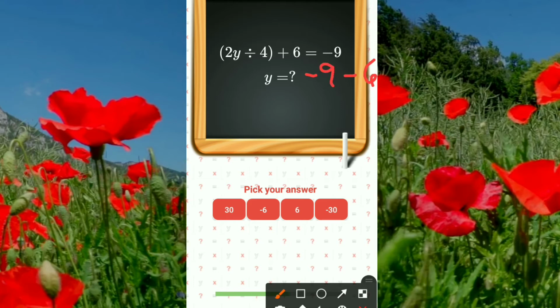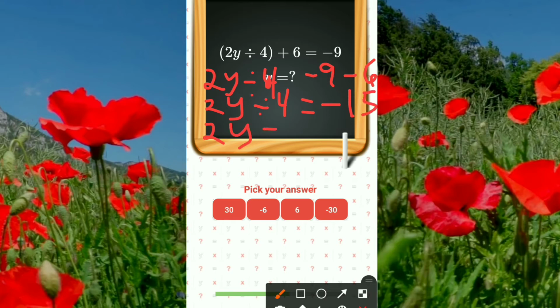So our 6 becomes negative 6 minus 6. Then burahin muna natin yan. Then copy the 2y divided by 4. And then 2y divided by 4 equals, so negative 9 minus 6. So if the sign is same, we need to add and then keep the sign. So negative 9 minus 6 equals negative 15.